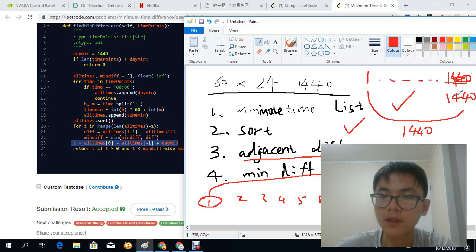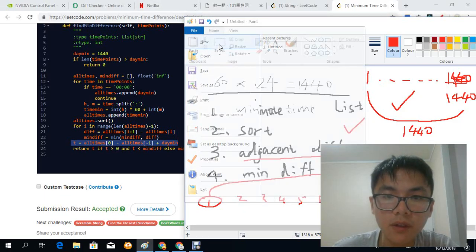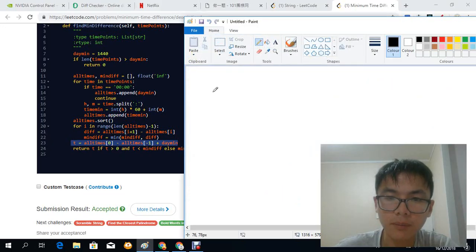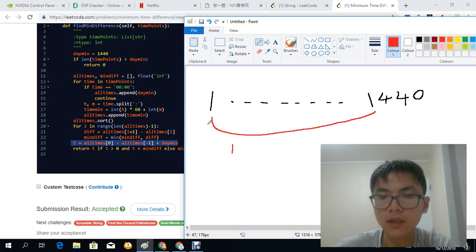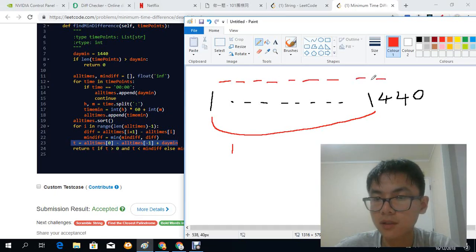I'll make it clear. For example, the smallest number in our list is 1, the biggest is 1440. So we know the difference between these two is 1, right? So it could be the smallest difference. But if we just check the adjacent difference, we will miss it.